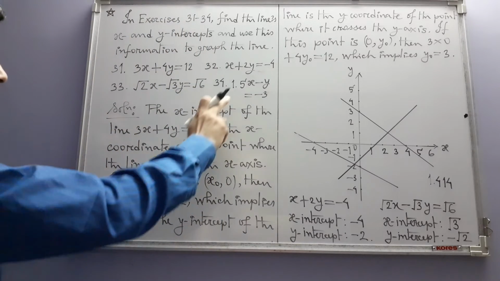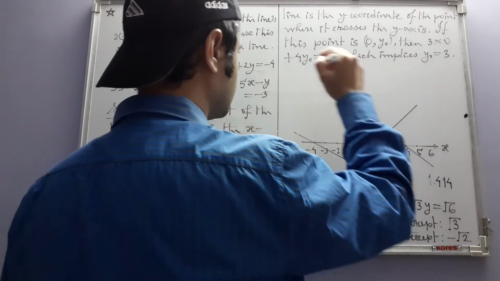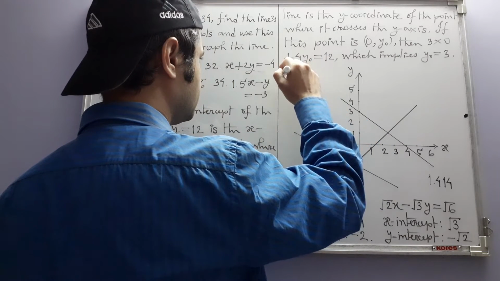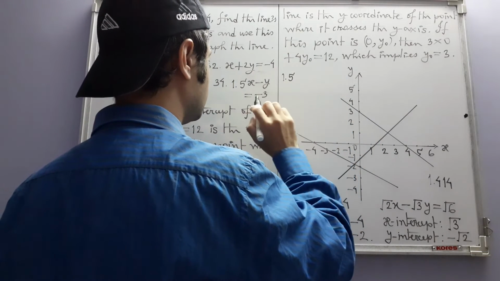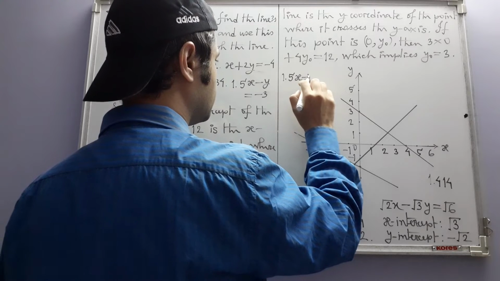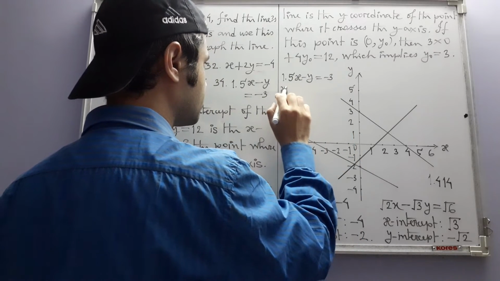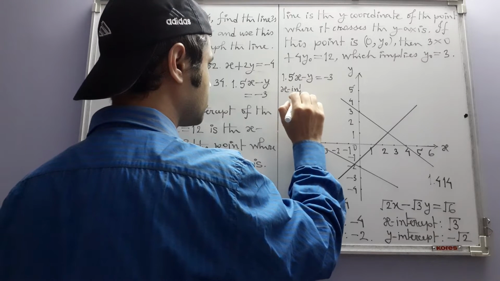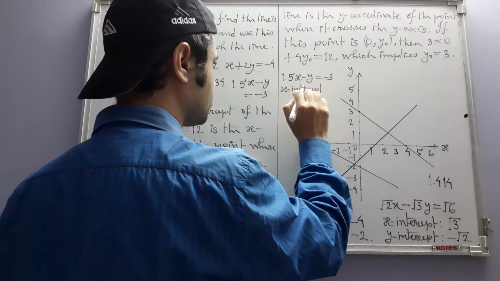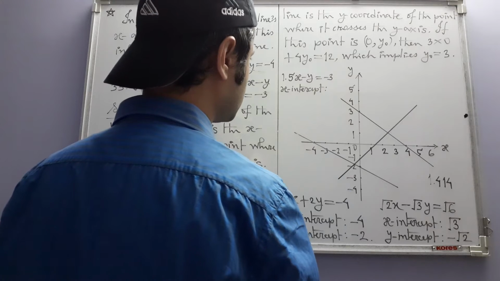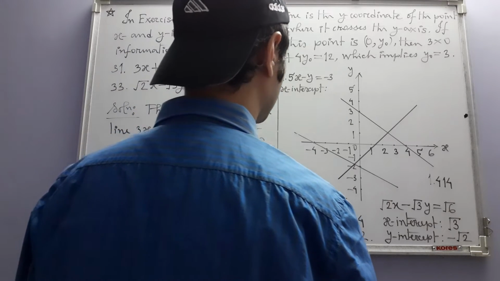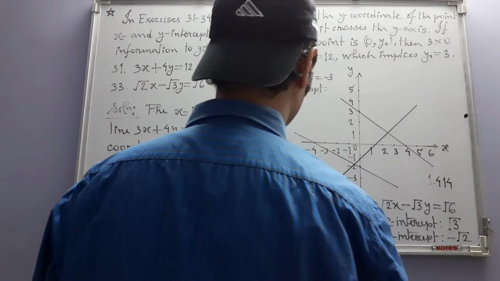And finally, this one. For this we have to do the calculations here. Minus 3. So for the x-intercept we have to put y equal to 0.